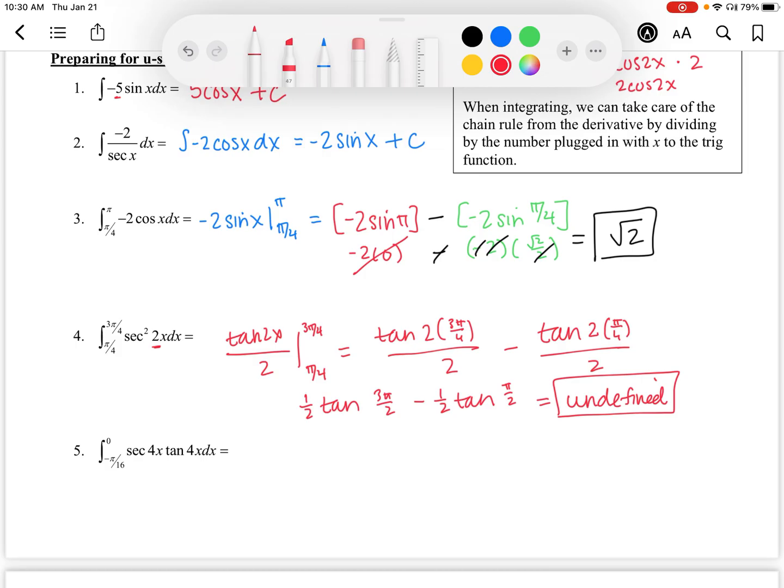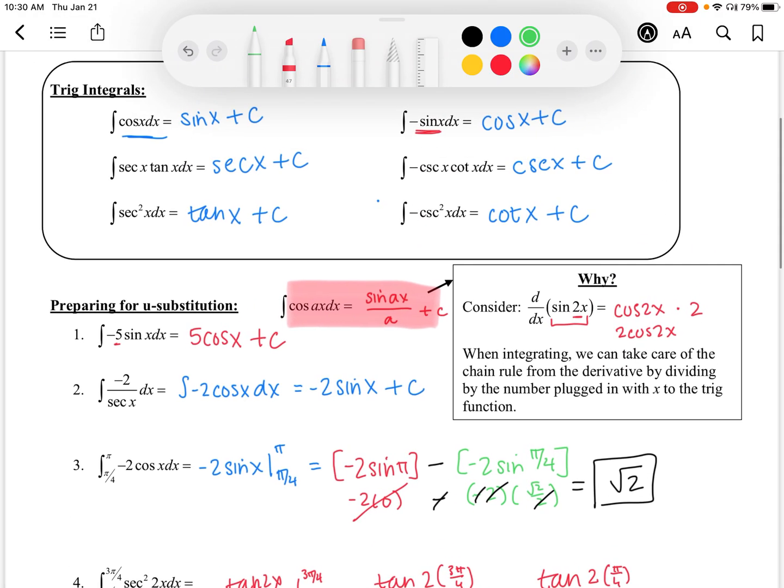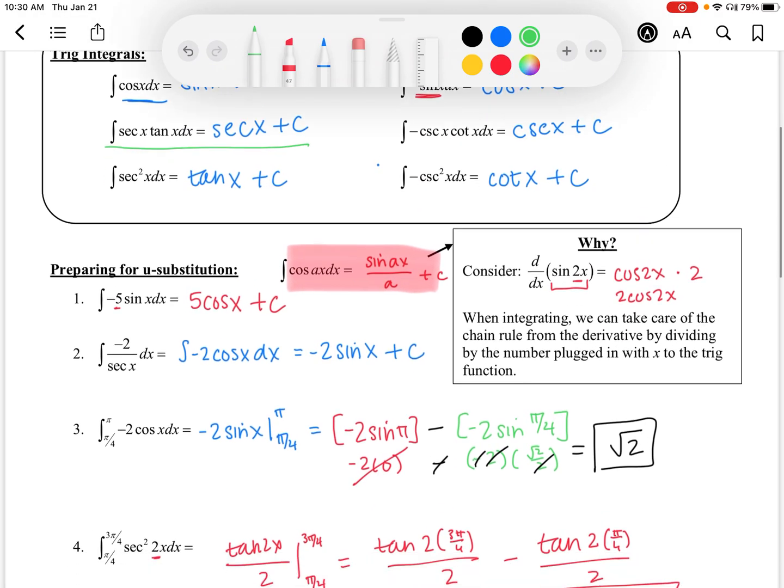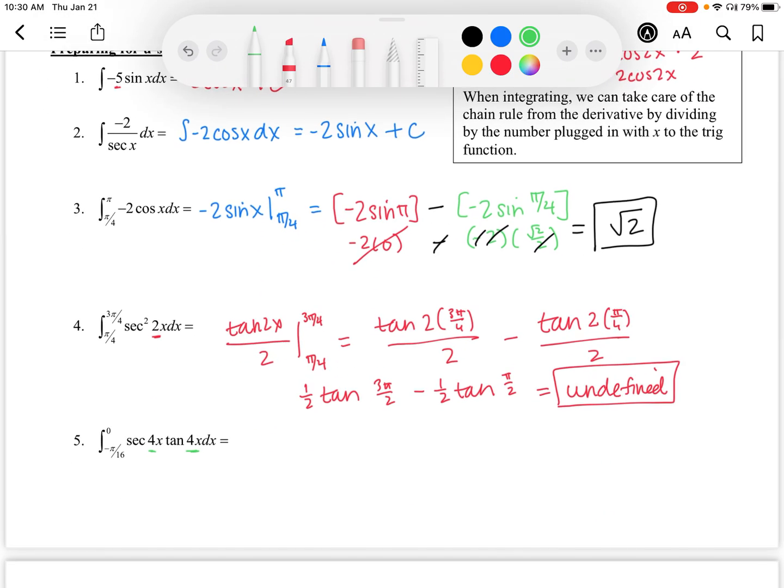All right, number 5, we are looking at secant 4x, tangent 4x. So secant tangent means that my integral is just secant, but because we have that 4x, it's going to be secant 4x divided by 4, and we're going from negative pi over 16 to 0.